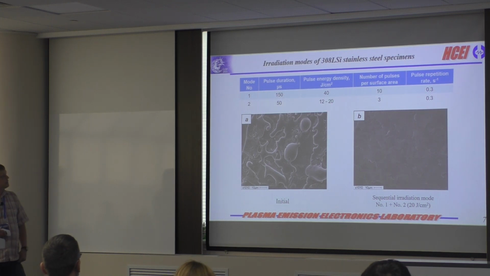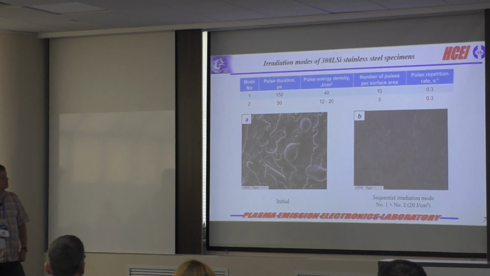So this slide presents images of the surface of the initial specimen, and you can see some cracks and droplets on the surface, and the surface is heterogeneous.